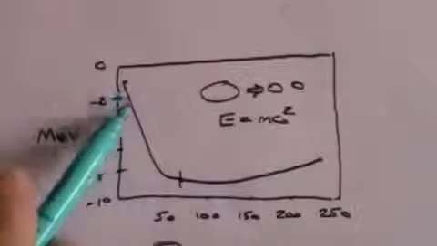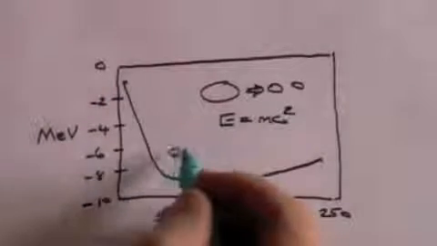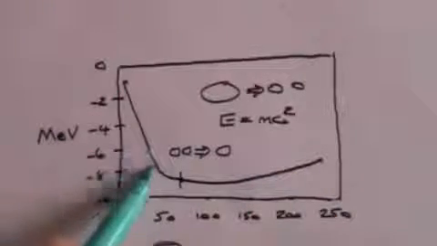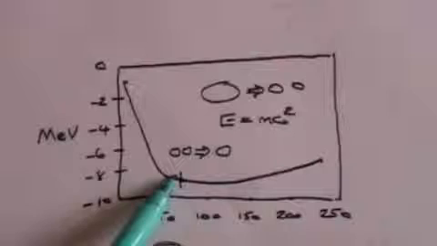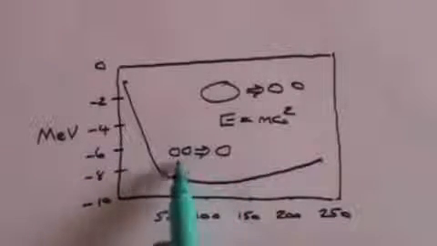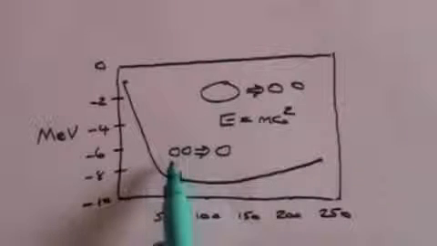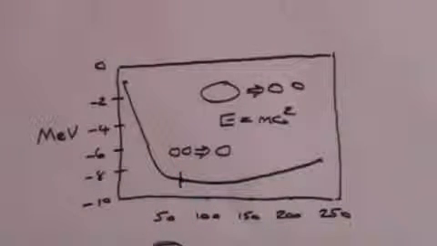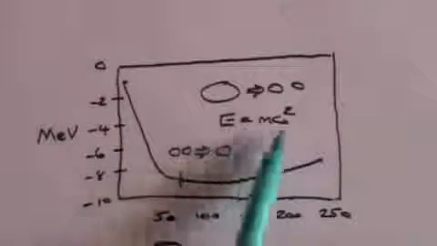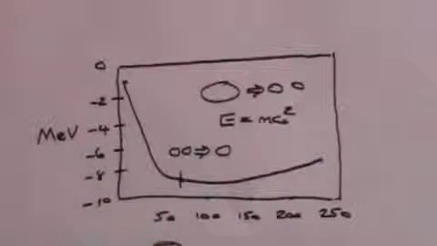Similarly, when two lighter elements fuse together to produce a bigger element at this end of the chart, the mass of the bigger element is smaller than the mass of the two smaller elements. And again, there's a mass loss, and that is converted into energy using the E equals mc squared term.